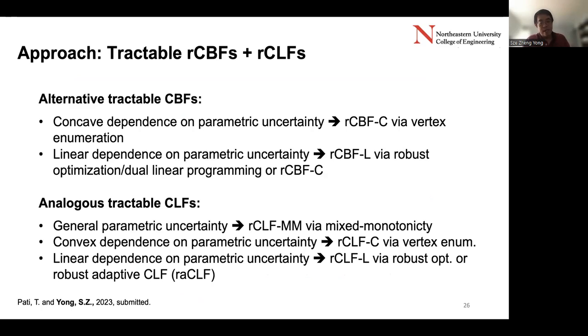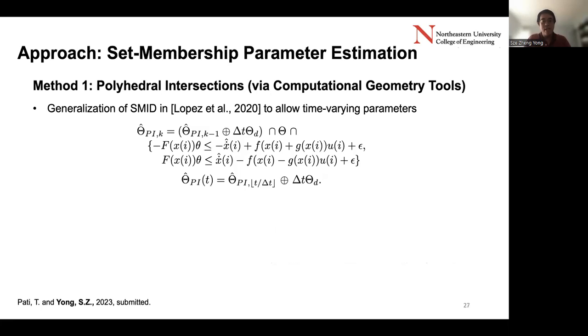And one other thing we've shown is that this doesn't only apply to CBFs, it also applies to CLFs, control Lyapunov functions, where we can consider pretty general parametric uncertainty and use all sorts of methods for mixed monotonicity or vertex enumeration or robust optimization to get the system to be safe. So we can do both the control for the nominal part as well as the robust safety.